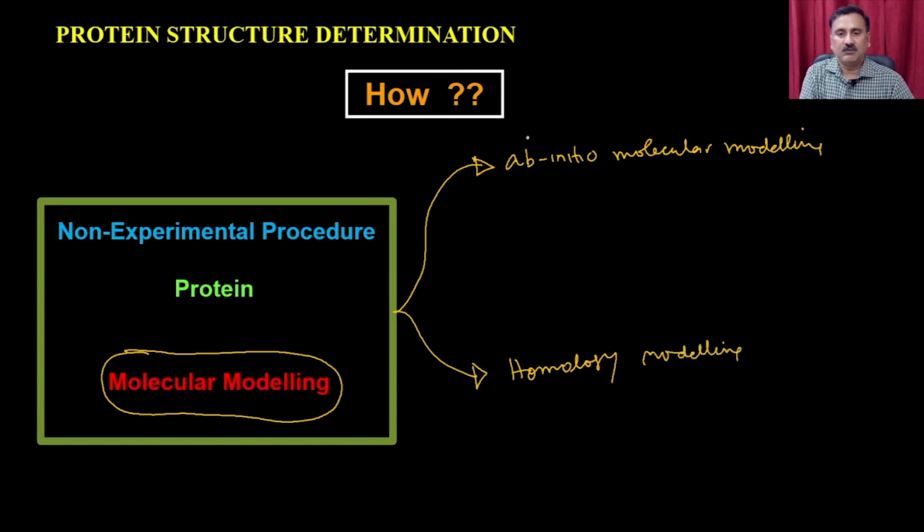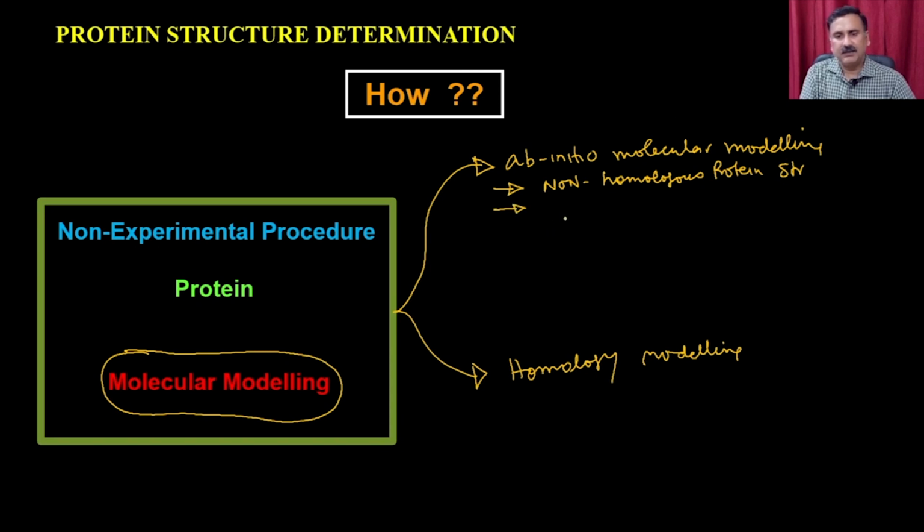Under what condition will you do the ab initio molecular modeling? When the protein has no homologous sequences, or a homologous protein structure is not available, so it doesn't have any homologous structure, then you have no option but to do the ab initio molecular modeling.